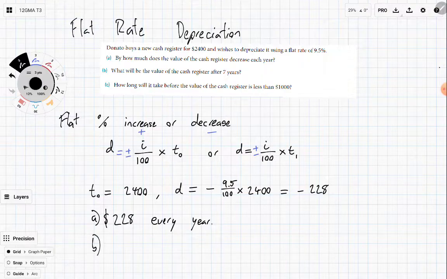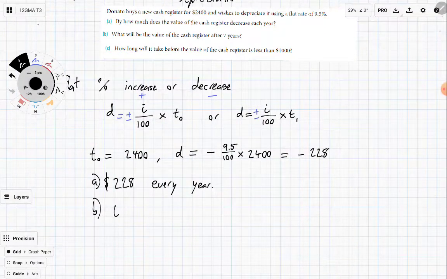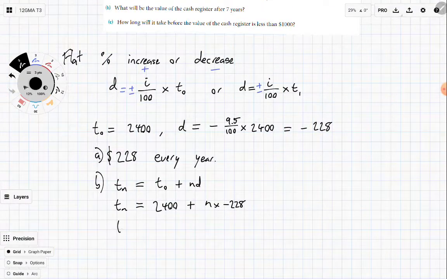B, what will the value be of the cash register after 7 years? Alrighty, well, let's write down our rule. So Tn is equal to T naught plus Nd, using the T naught version of the form, is equal to 2,400 plus N times negative 228, or we could probably better write that as 2,400 minus 228N.